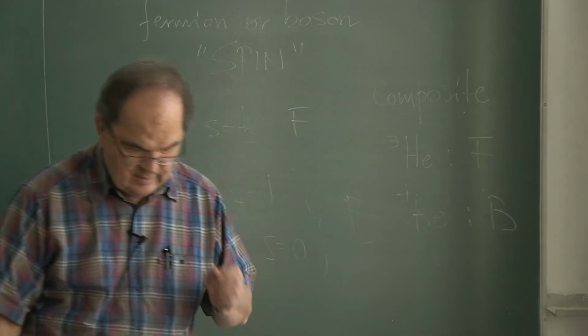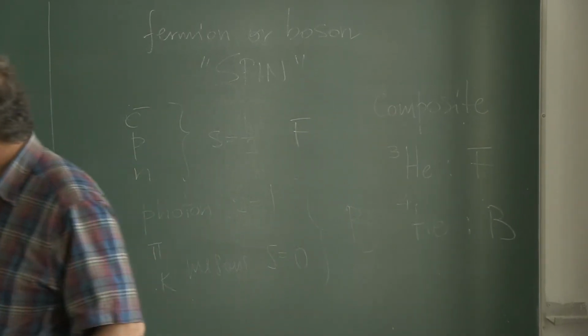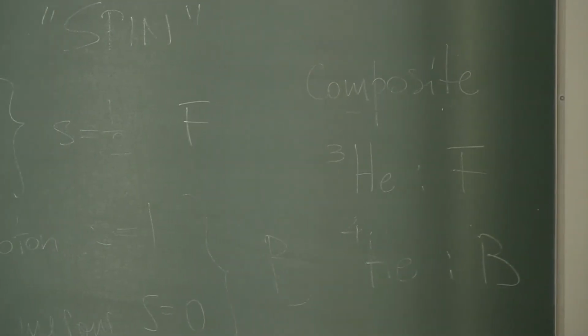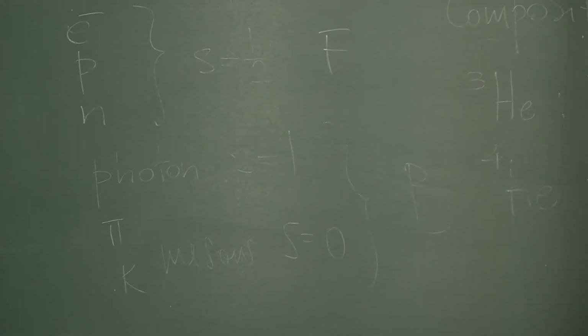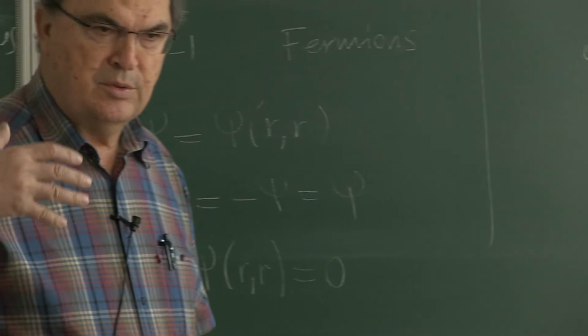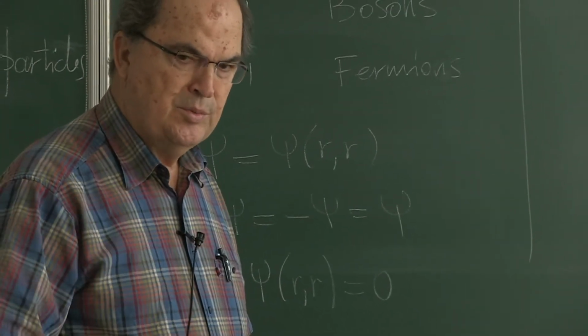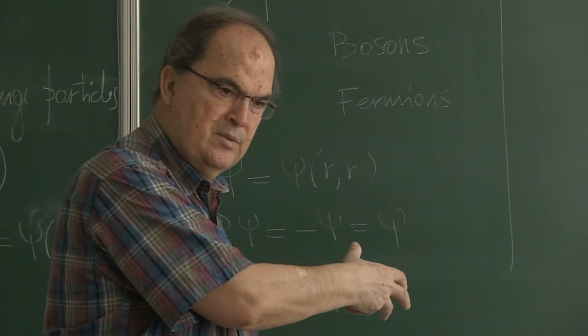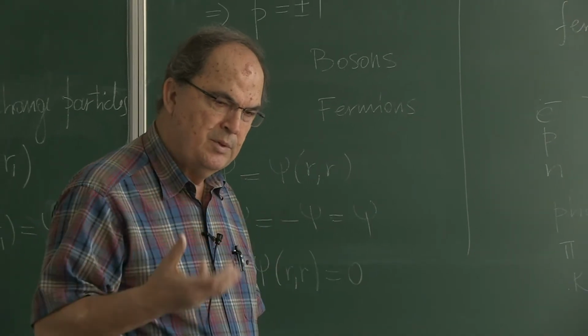Now, how are we going to write the wave function, total wave function for fermionic system and bosonic systems? Let's discuss a little bit of that. We know the individual states. In terms of these, we can write the system wave function. What will be the form?